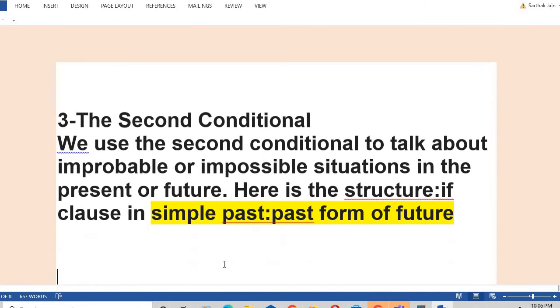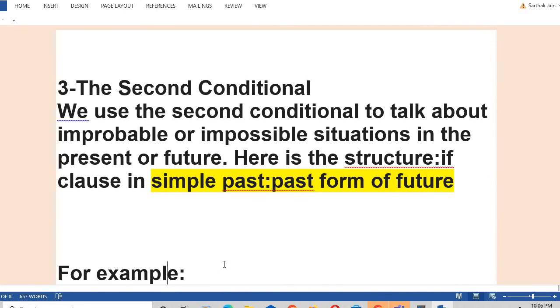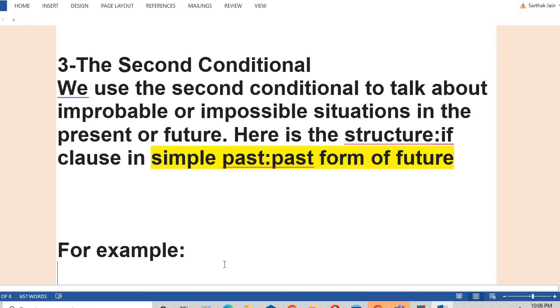Now third type, that is the second conditional. We use this conditional to talk about improbable or impossible situations in the present or future. Okay, and its structure is: if clause will have simple past, main clause will have past form of future.